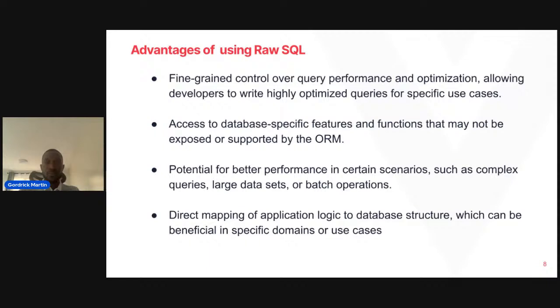There's also direct mapping of application logic to database, so you get to understand, okay, if this is my notes app, when I do a delete, or when I get a list of the notes that I have for the user, how does that map to a Postgres query? So that's the select, or that's the delete. You're able to understand the mapping of those.